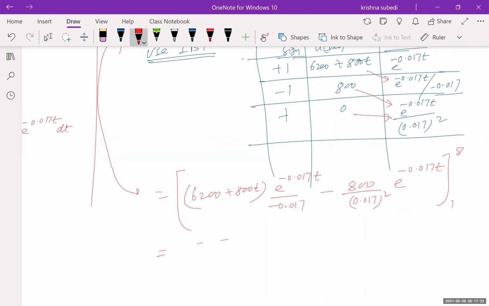I leave it to you. Whatever you get, complete that. You just substitute the values now, and you should be able to get it.